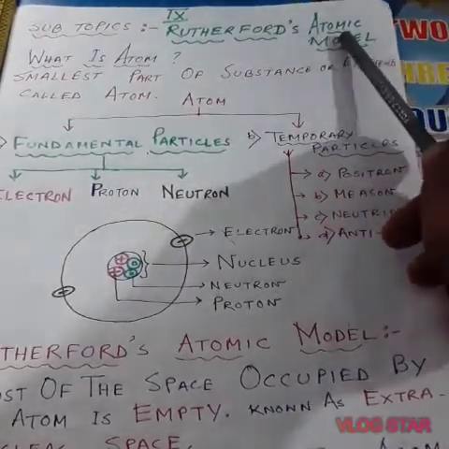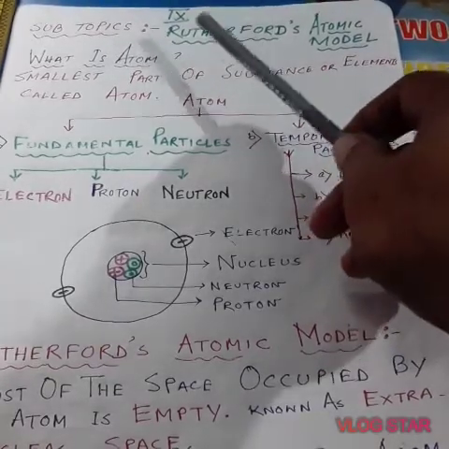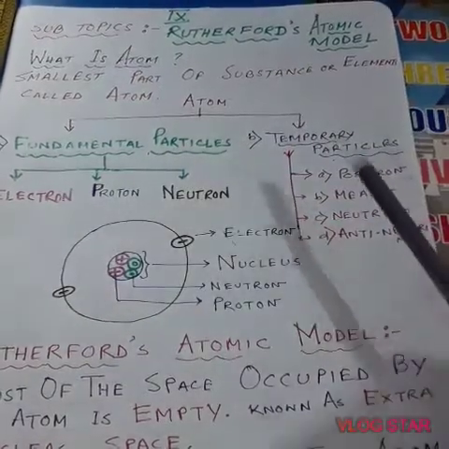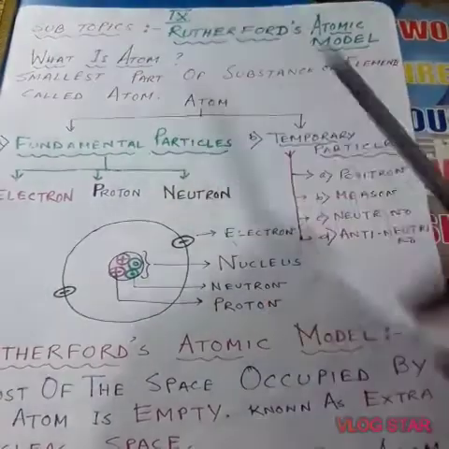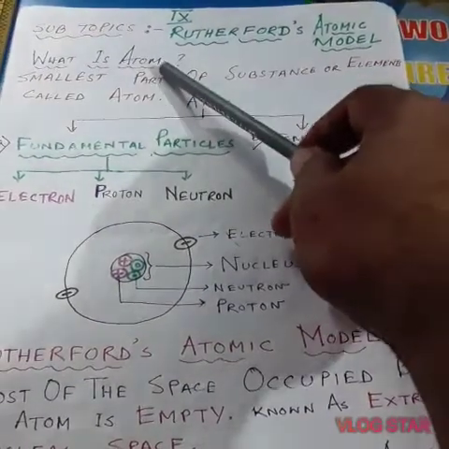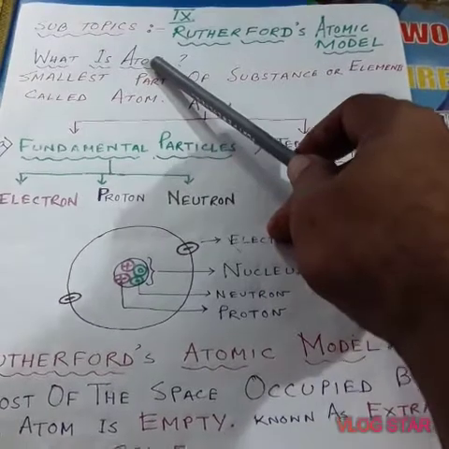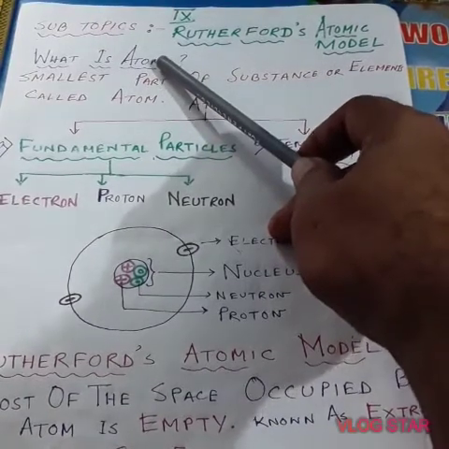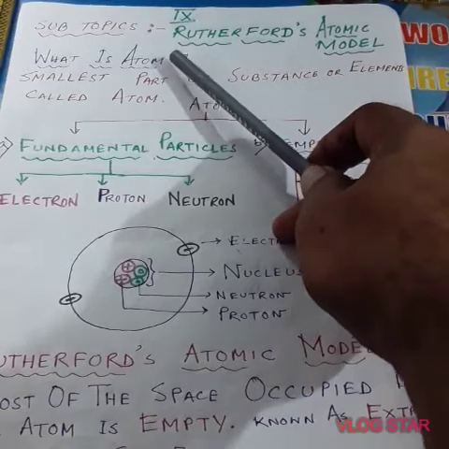Before we go to the atomic model, we should know what an atom is. The smallest part of a substance or element is called an atom. The existence of the atom, or the smallest unit of matter, was first proposed by Maharshi Kanad in India.